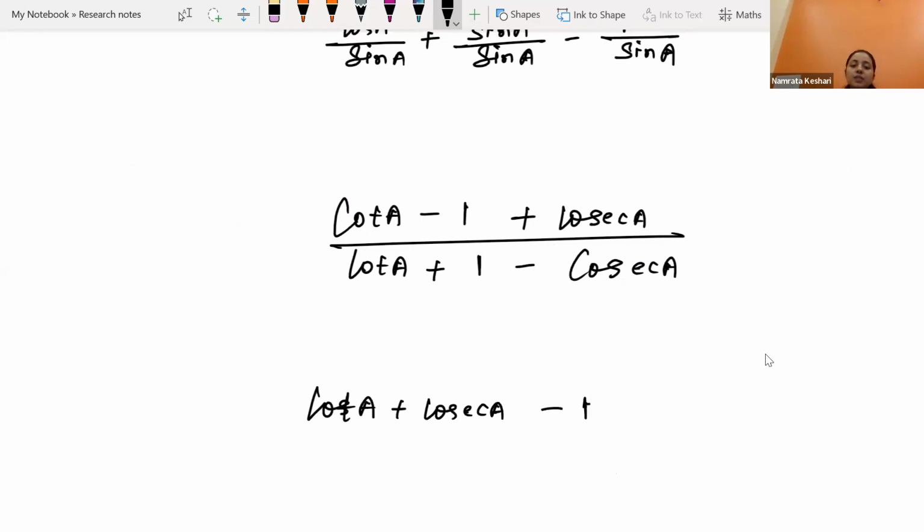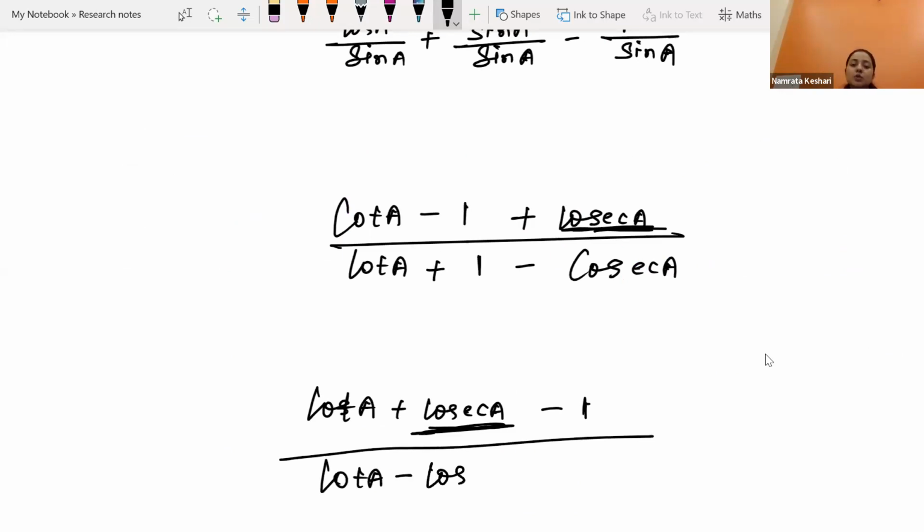minus 1. I am keeping the same thing, writing cot A first, then the last term cosec A, and then minus 1. Here you can write cosec A and then plus 1. We are not doing any changes, we are just writing cot and cosec together.